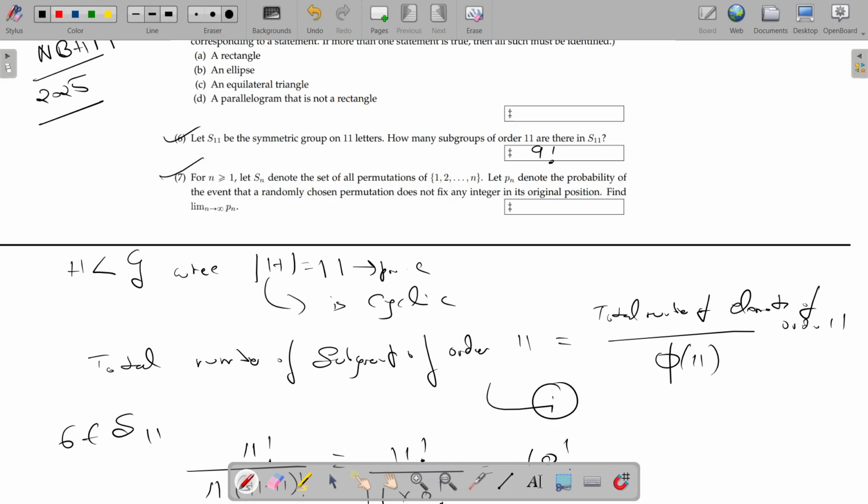Let Pn denote the probability of the event that a randomly chosen permutation does not fix any integer in its original position. Find the limit as n tends to infinity of Pn. So basically, if we are able to find the total number of derangements, then we are done.